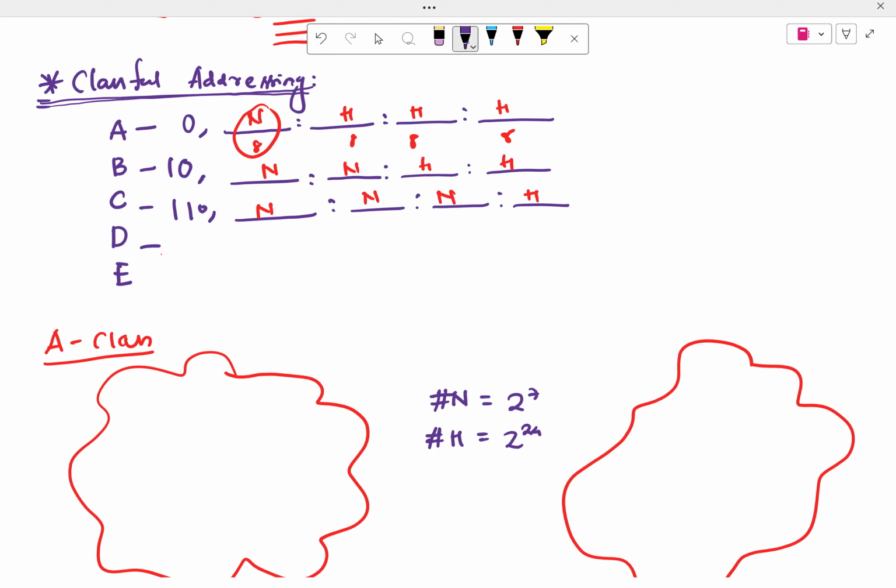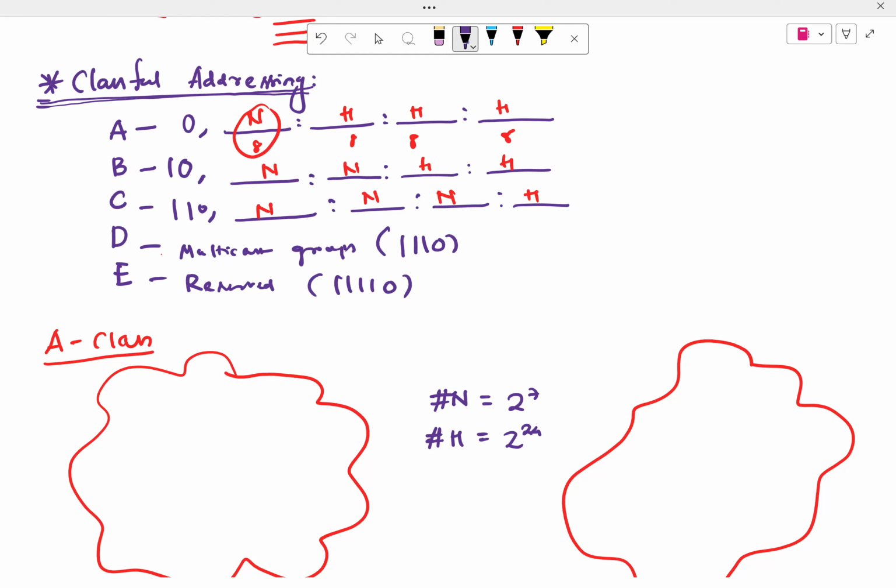Class D is used for multicast groups and starts with 1110. Class E is reserved and starts with 11110.